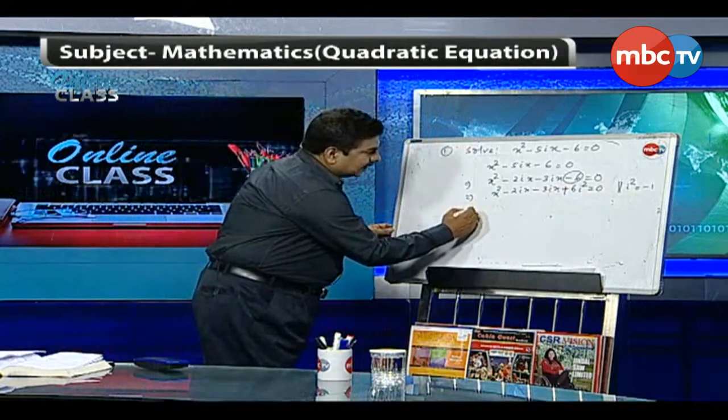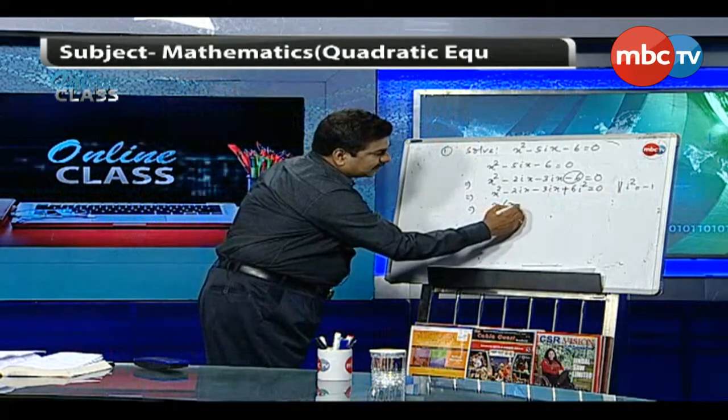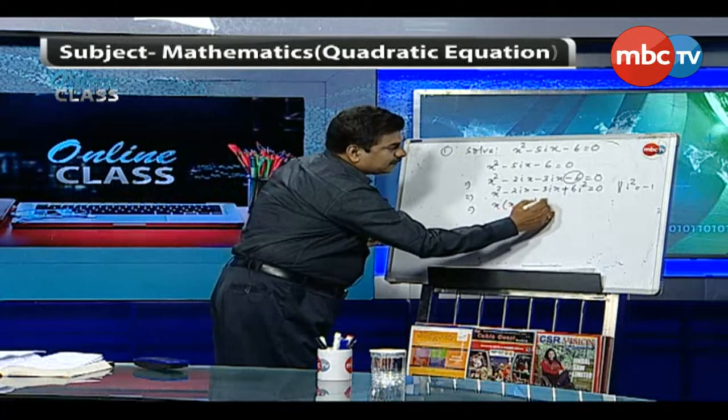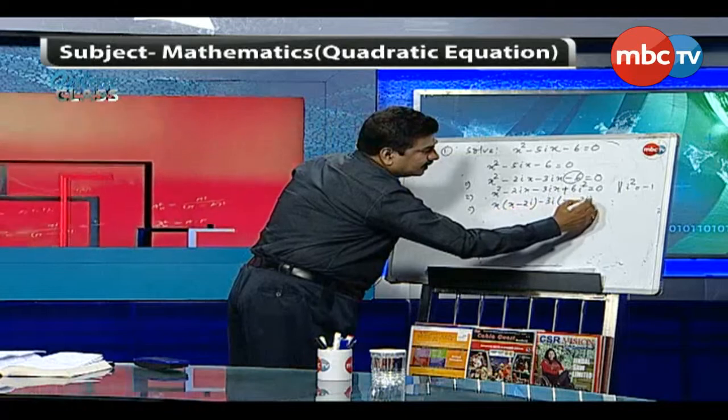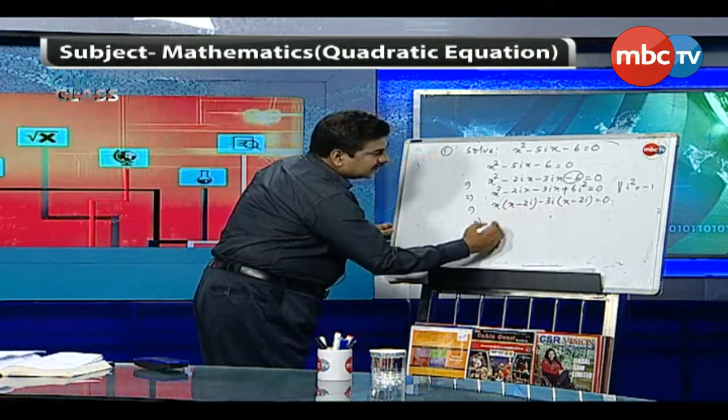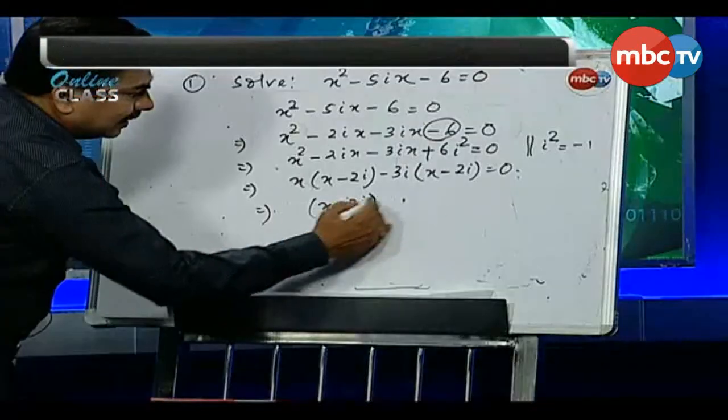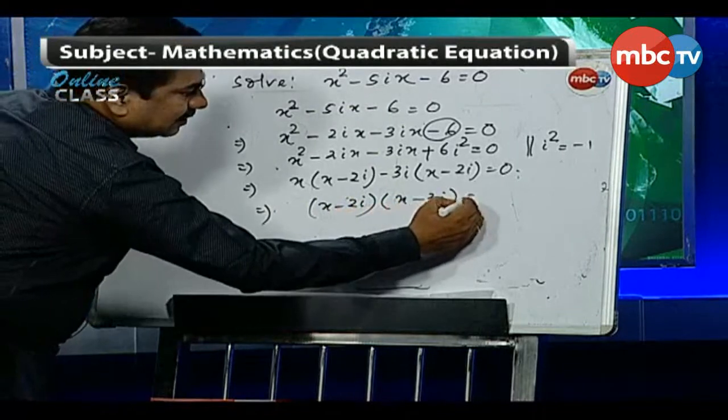So from the first two terms taking out common x, we get x minus 2i, then from the third and fourth terms taking out common minus 3i. Or you can write this as x minus 2i times x minus 3i equal to 0.